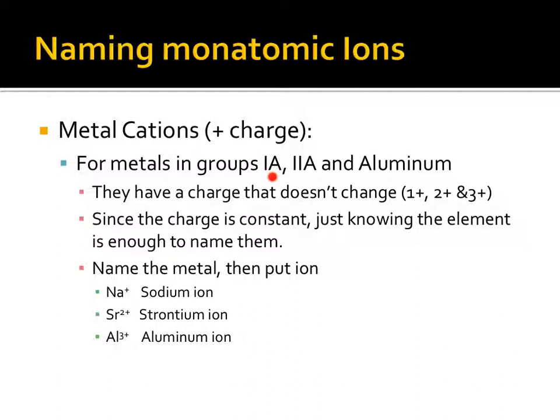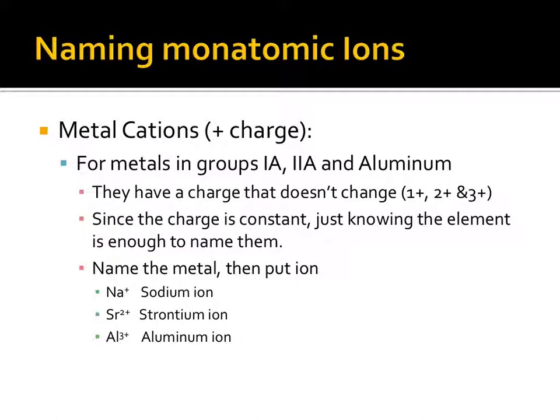So elements in group 1A always have a 1 plus charge. Elements in group 2A always have a 2 plus charge. Aluminum always has a 3 plus charge. So since the charge can't change, if you just know the name of the metal, you know what the charge is, because it's always the same.